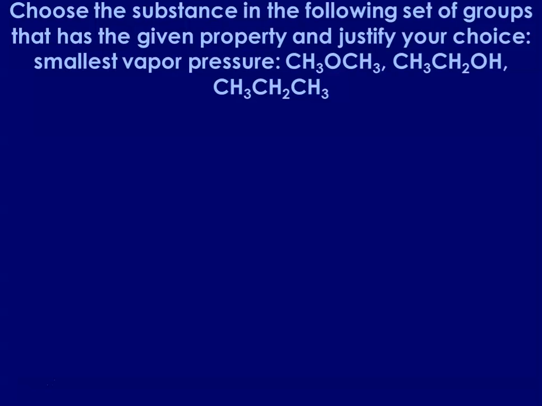With that in mind, CH3CH2CH3 is just carbons and hydrogens bonded together, so that would be nonpolar and would only have London dispersion forces present holding those molecules to one another.